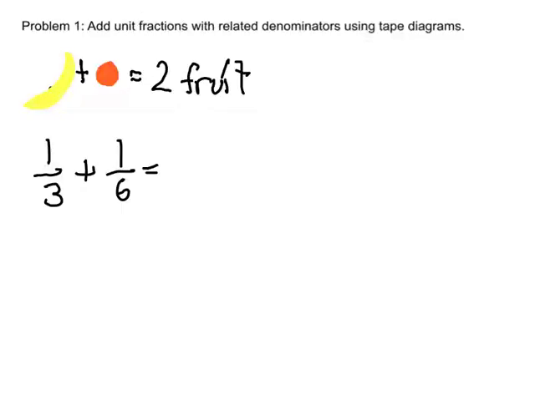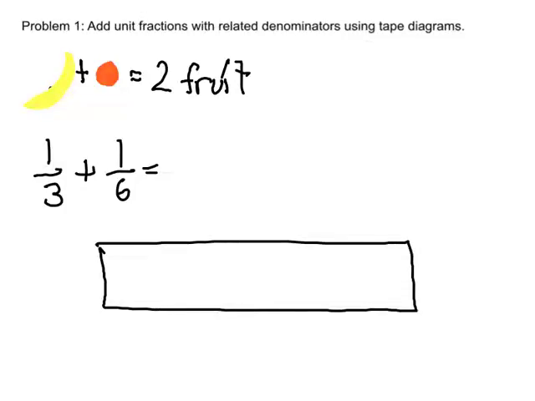So let's do this with a tape diagram first and show this. So the first thing I'm going to do is make thirds. So here are my thirds, right? And I know that this is 1/3.